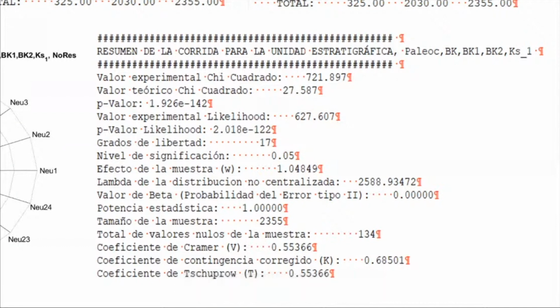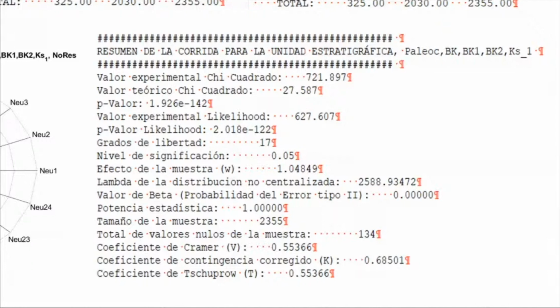Also, we calculated the likelihood ratio, the p-value for the chi-square, and the p-value for the likelihood ratio, with this significance level and these degrees of freedom, 17. We have the statistical power, and we have two types of error, type 1 and type 2, of these chi-square distributions.